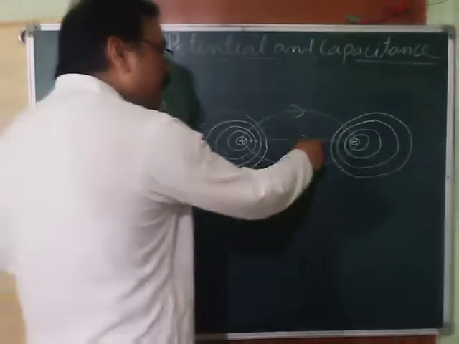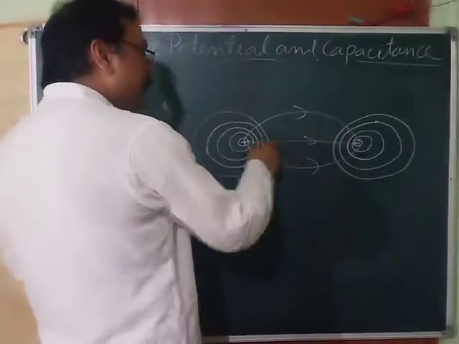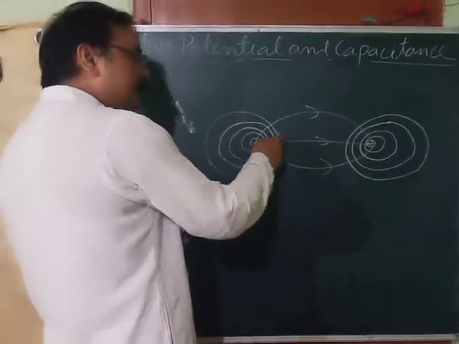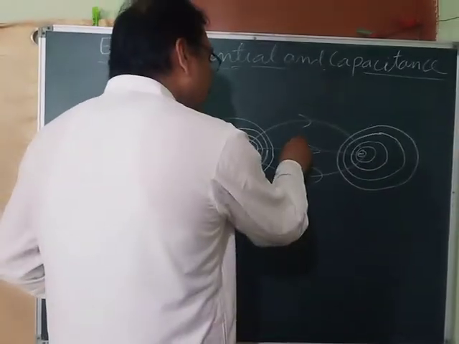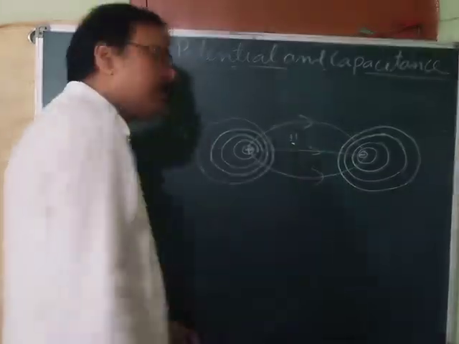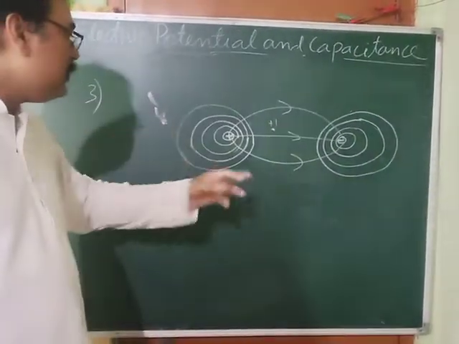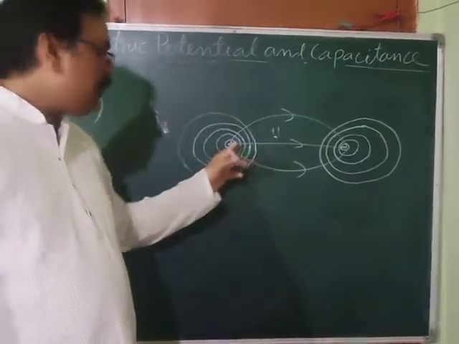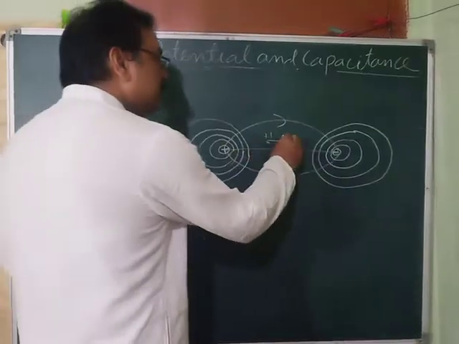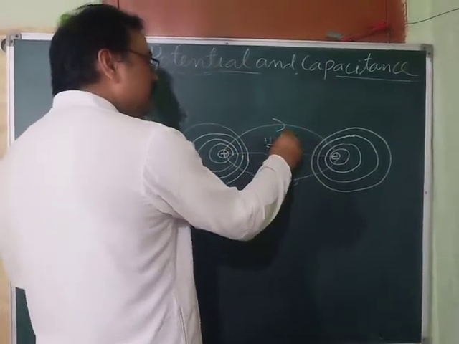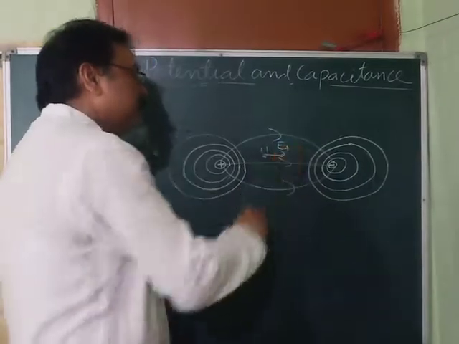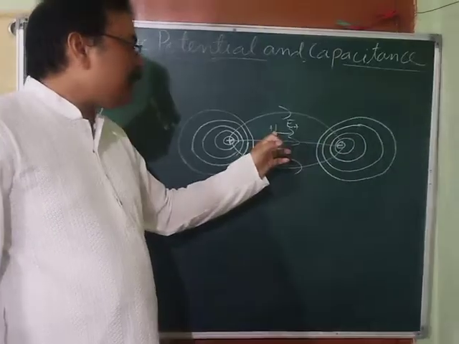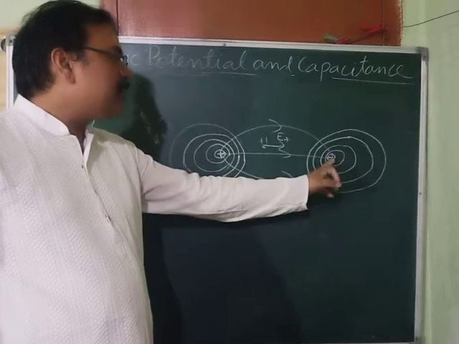Now, if you take any point in between, what will you find? The electric field will be due to this plus due to this. How? Suppose you take any point over here and you place a +1 Coulomb charge there. What will this positive charge do to it? It will obviously repel it in this direction. So the electric field due to this will be in this direction. Now I can write E positive. Now to this same 1 Coulomb positive charge, what will this negative charge do?